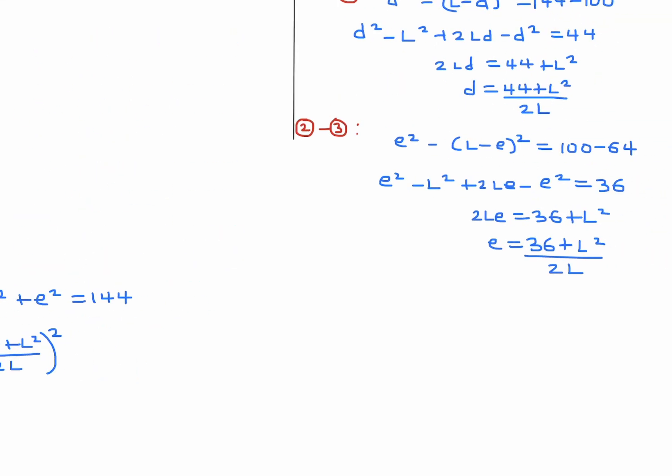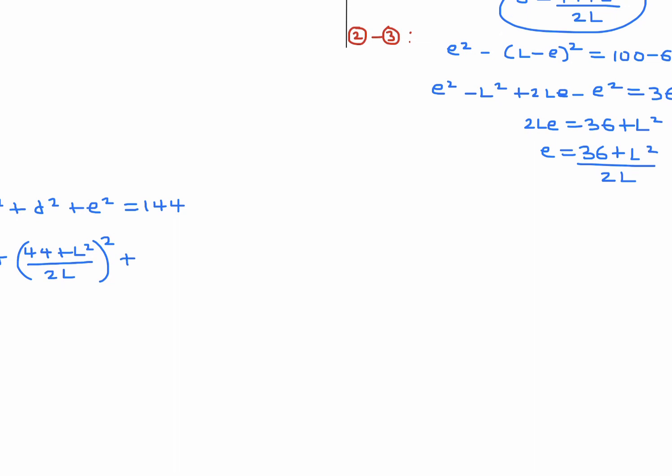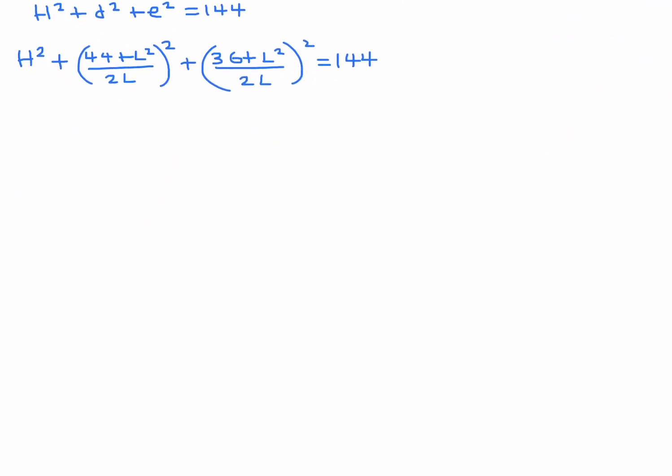It was H squared plus D squared plus E squared is equal to 144. H squared is just going to be like that. D we had just solved in terms of L. It was 44 plus L squared over 2L, and that's all squared. And as you can see, it was right here. 44 plus L squared over 2L. And E we had also solved in terms of L. It was 36 plus L squared over 2L. And of course we have to square all that, and that's all equal to 144. So that's what we're doing now.